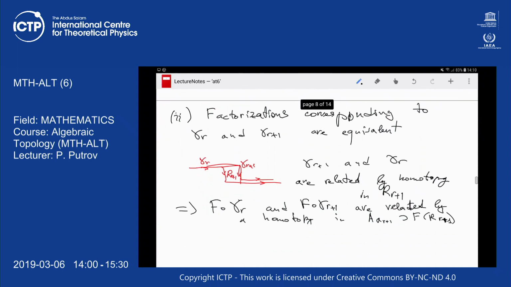So this shows that indeed these two different factorizations of these two elements are equivalent.